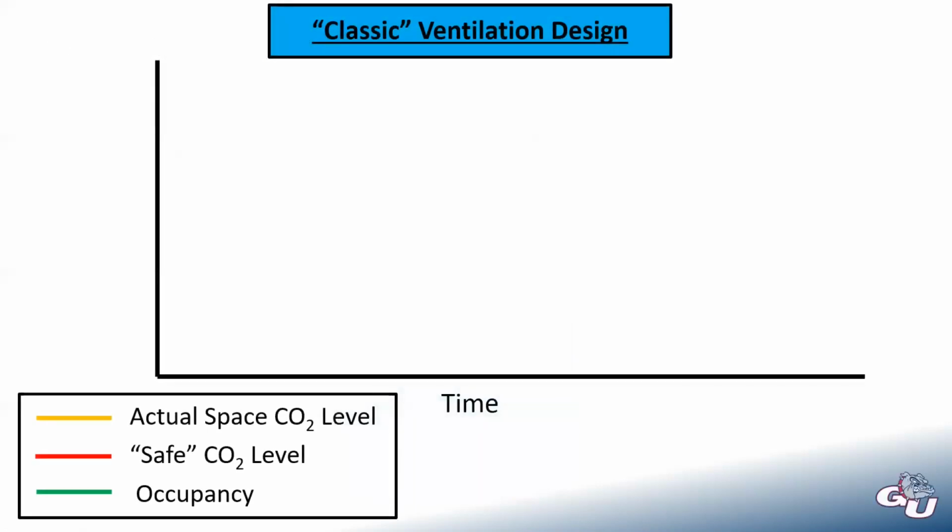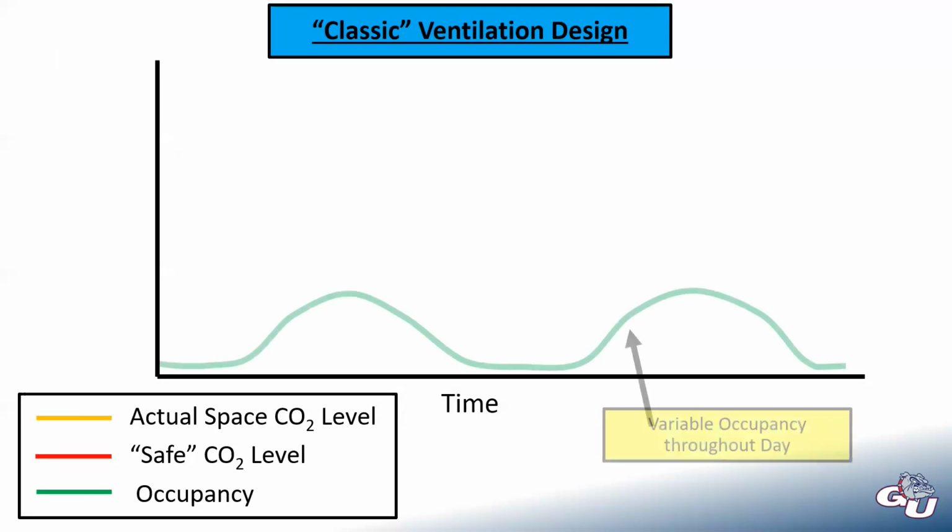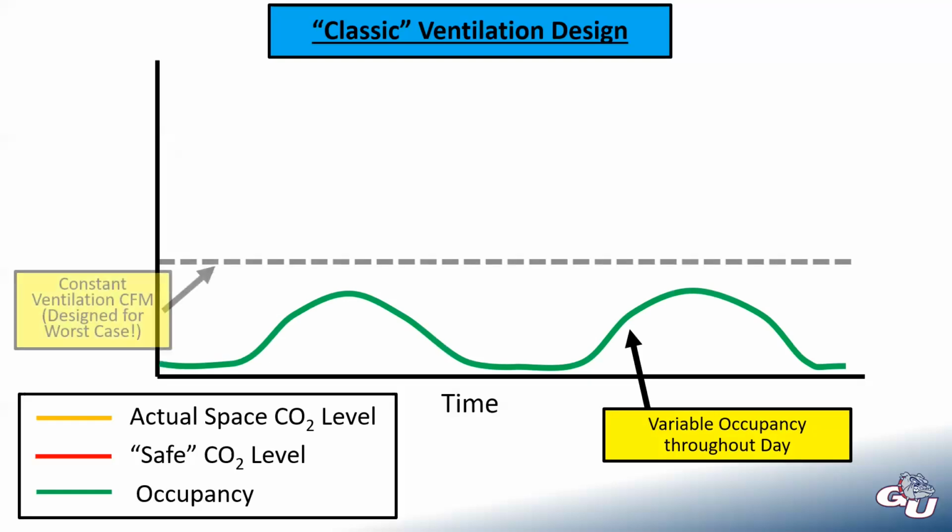To try to visualize this a little more, let's say this is our classic ventilation design, where we provide a constant ventilation for that design occupancy. We might have a variable occupancy throughout the day. So in this case, we had 2 events during the day where we had very high occupancy.